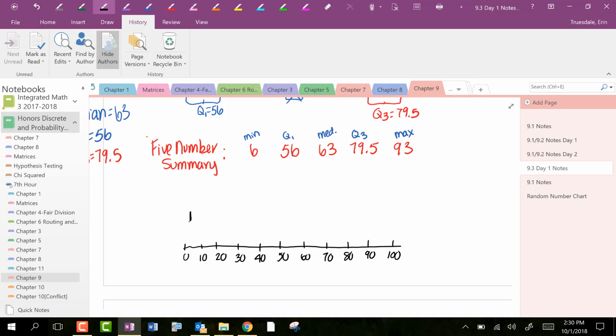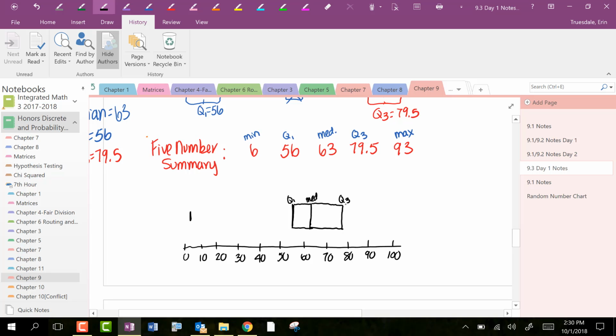So Q1 we said was 56. I'm going to draw one side of the box there. The median's at 63. Again, this is Q1, this is the median, and then Q3 is at 79.5, so almost to 80.